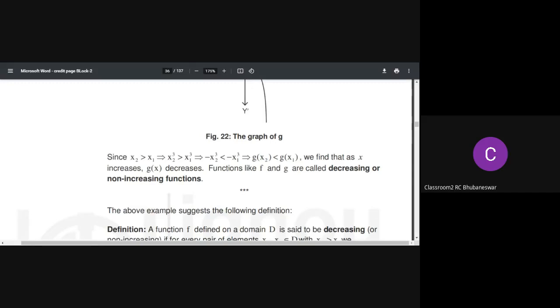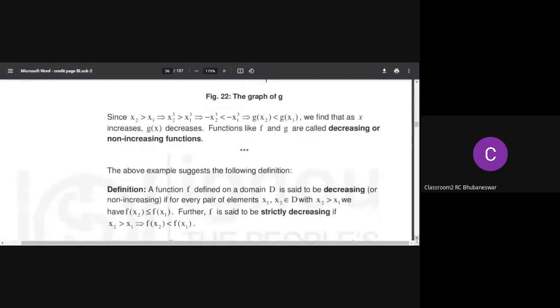If we calculate the functional values at these two points, the first at the point x2 and the second at the point x1, clearly the functional values satisfy our condition of the decreasing property. So here the function f is said to be a decreasing function, also known as a non-increasing function.